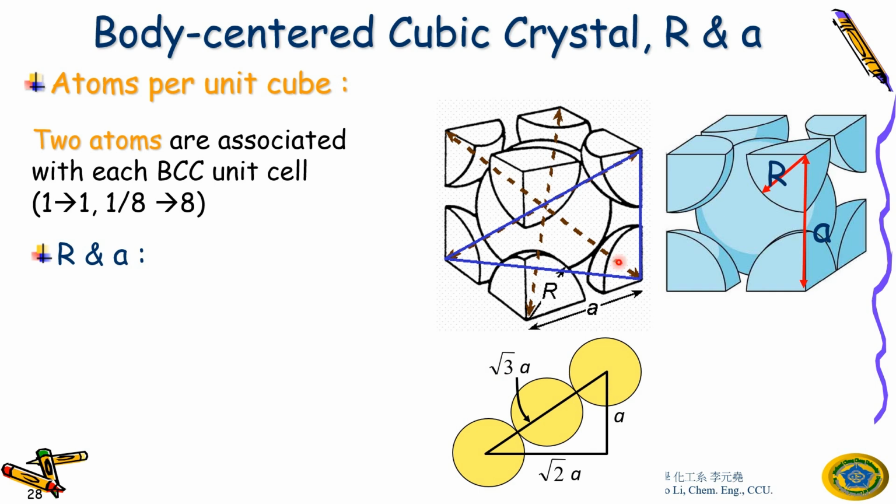Because this A here, this is root 2 A. And of course, this is root 3 A. Right? No problem. So as a result, you know this is 4R. So you can have the relationship between radius and the length of the edge. Okay? So A equal to 4R divided by root 3.